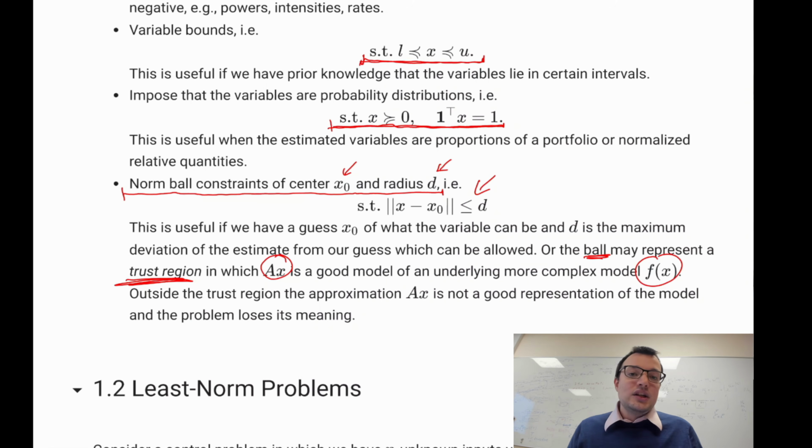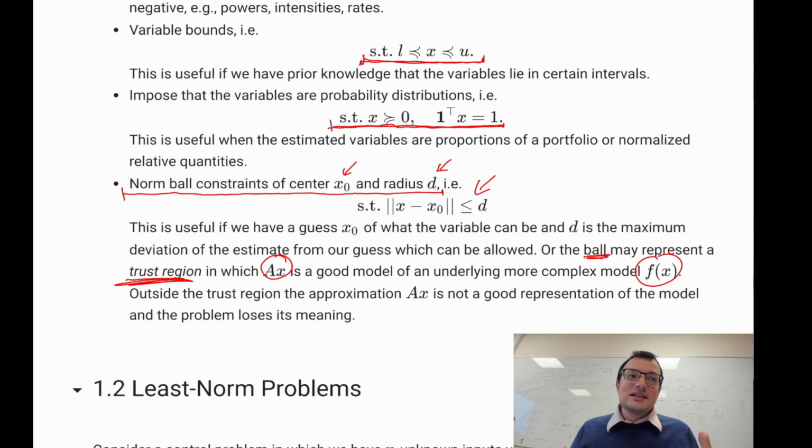But linearization is local. It gives you a local model. It works well around the point in which you linearized. If you go too far away, the approximation A times x is not good anymore. In that case, it makes sense to say that I want to solve this minimization problem, the norm of Ax minus b has to be minimized.